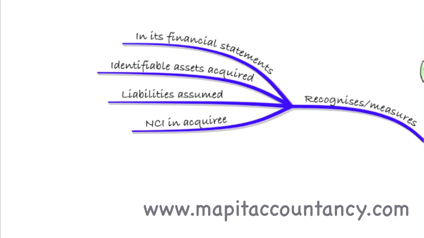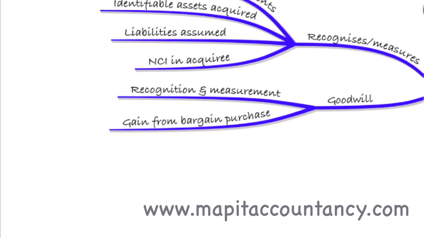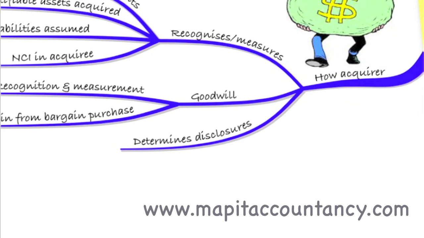So it sets out how we are going to recognise and measure in the group accounts the identifiable assets acquired, the liabilities that have been assumed, and the non-controlling interest in the acquiree or the subsidiary. It also sets out how we should recognise and measure our goodwill. So how do we recognise and measure goodwill or a gain from what's called a bargain purchase, effectively negative goodwill? So what do we do with that? Lastly, it determines the disclosures required for all of this.